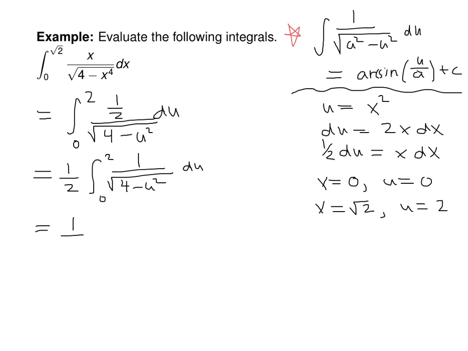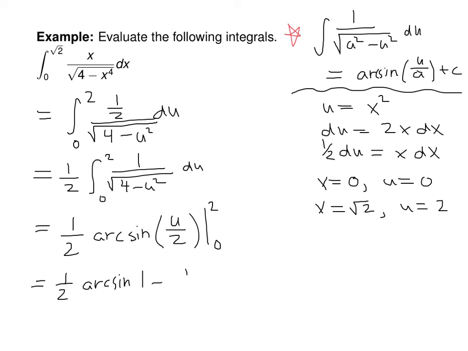So the antiderivative of 1 over root of 4 minus u squared will be arc sine of u over 2. So that will be 1/2 arc sine of 1 minus 1/2 arc sine 0. And sine is 1 at pi halves. We have 1/2 times pi halves minus 1/2 times 0, which will give us pi quarters.